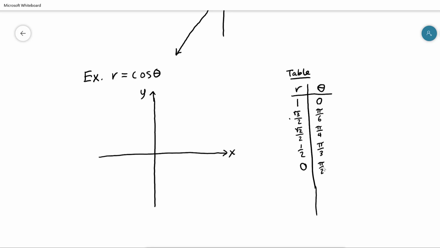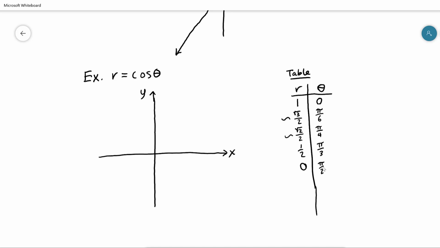So I'm going to approximate these values just so we can get some decimal approximations to figure out how far to draw this. Root 3 over 2, root 3 is about 1.7-ish. I don't know the decimals after that, but in that ballpark.